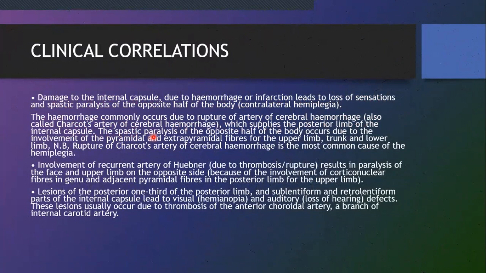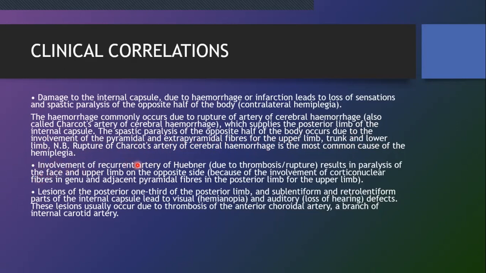The spastic paralysis of the opposite half of the body occurs due to involvement of the pyramidal and extrapyramidal fibers of the upper limb, the trunk, and the lower limb. Rupture of Charcot's artery is the most common cause of contralateral hemiplegia.